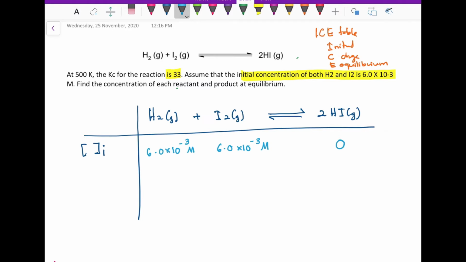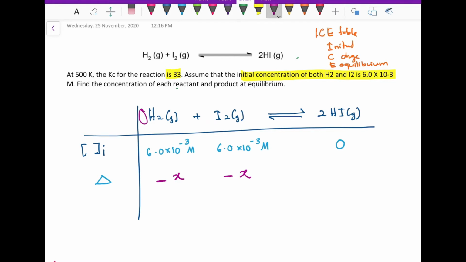So the second one is the changes, so we can use a triangle or the concentration change. Okay, so now how to write the changes? In front here we don't have any figure, meaning that it is 1, so the concentration of the reactant will reduce. Reduce is indicated by the negative sign, so reduce by 1 which is x, and for the iodine also reduce by negative x.